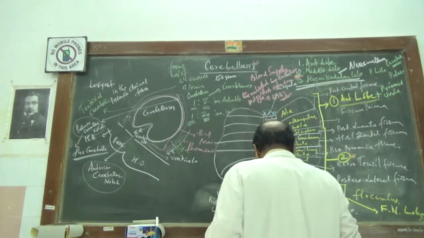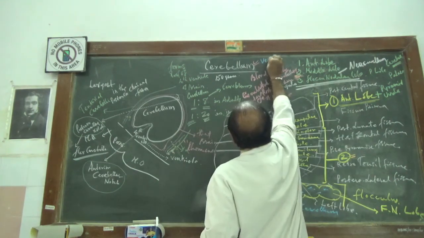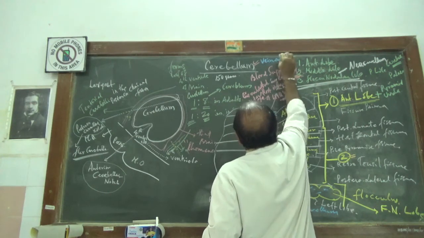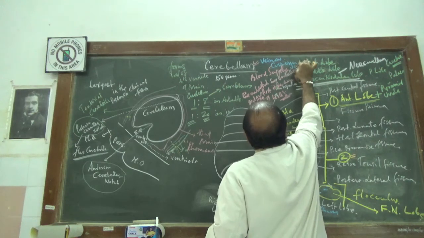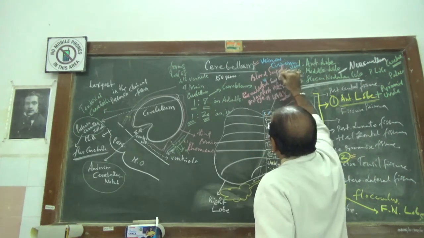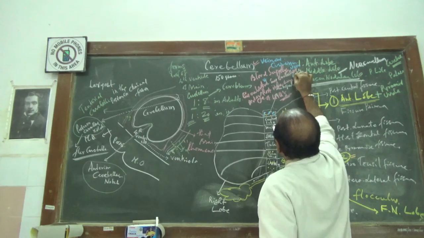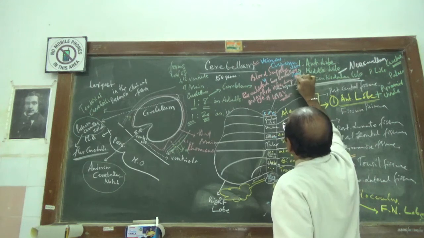Now what is the venous drainage? Venous drainage of the cerebellum is by the corresponding veins, that is the anterior superior cerebellar veins and posterior inferior cerebellar veins.